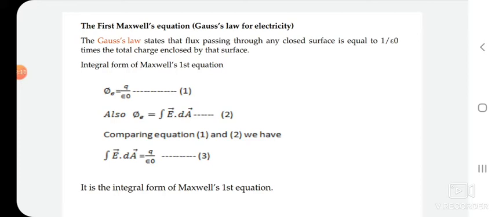These equations are a part of the comprehensive and symmetrical theory of electromagnetism, which is essential to understand electromagnetic waves, optics, radio, and TV transmission, as well as microwave ovens and levitation trains.